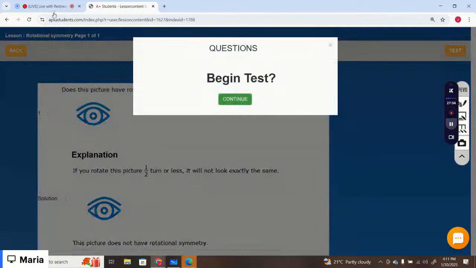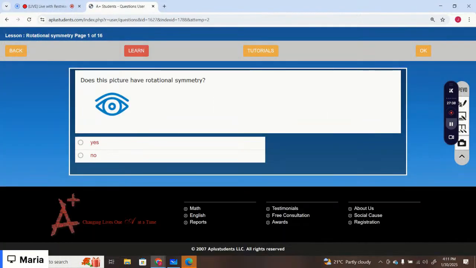Let's just start with the test questions. Does this picture have rotational symmetry? The correct option is no. If you rotate the image a half turn, it does not look the same.